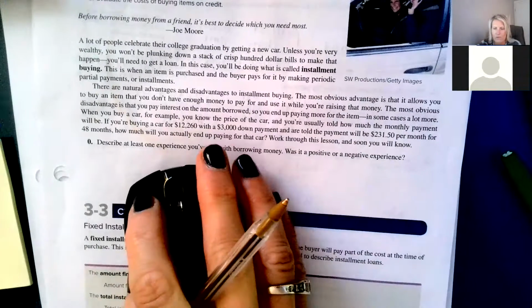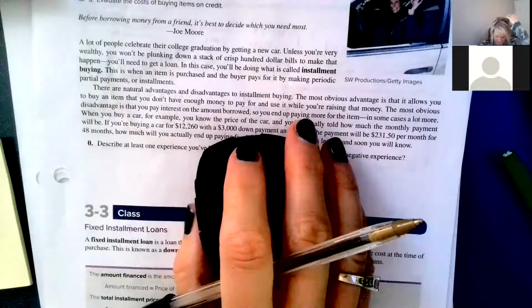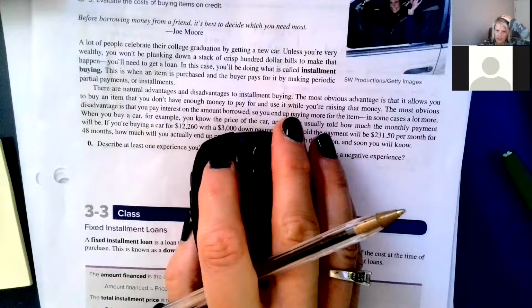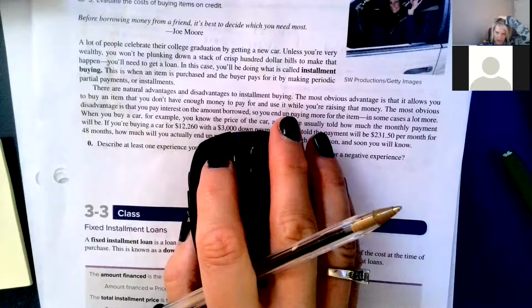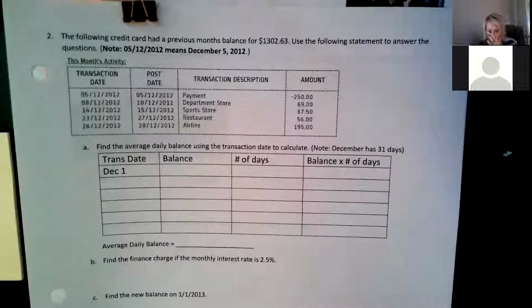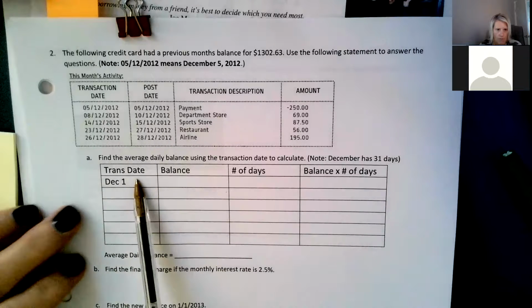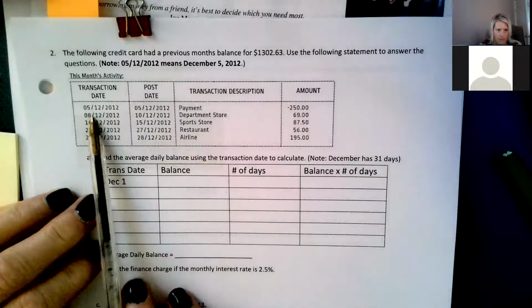For the ending of B, if I finally got it right, is it 1,324.77? Not quite. Let's look at something real quick. Like the number of days between transactions: if it's December 1st and December 5th, it's not 5 days, it'd be 4 days, right?